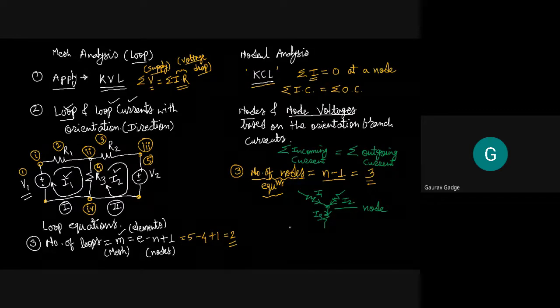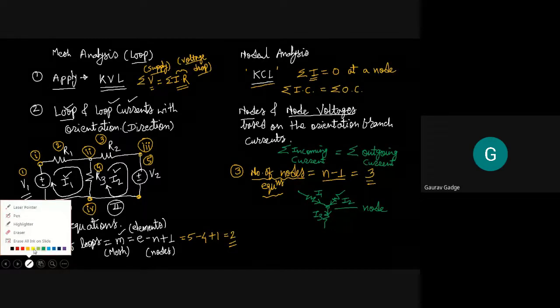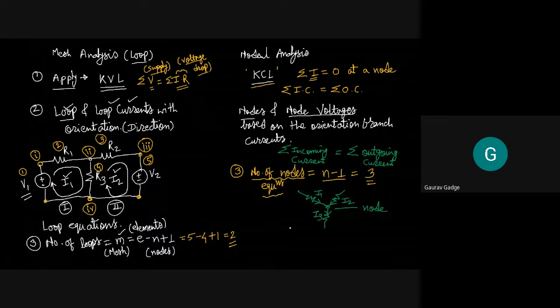Can anyone tell me the equation for this simple circuit? Sir, incoming current is 2 and outgoing current is 1. Very good. There are 2 incoming currents, but one outgoing current. So summation of incoming current is equal to outgoing current, right?